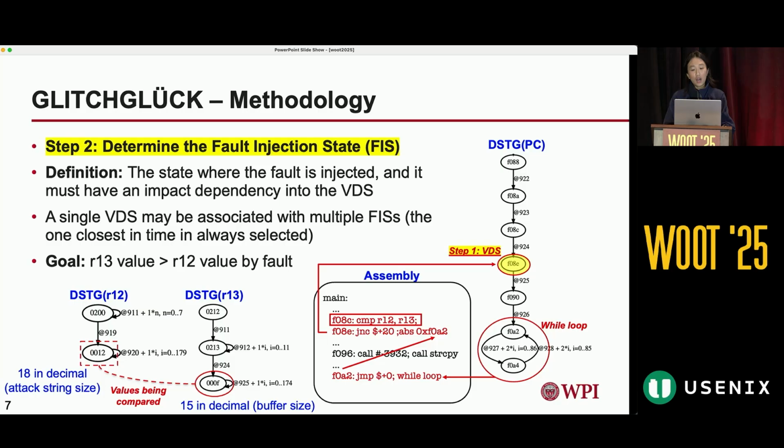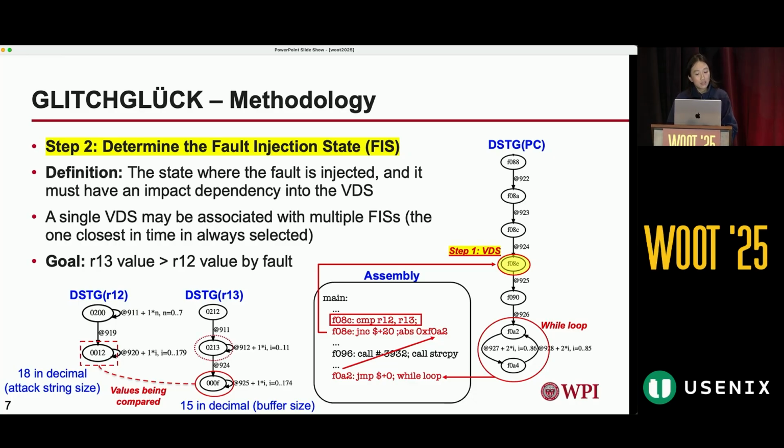So now, remember the goal is to not take the jump and go straight to the string copy instruction. So I wanted to think about whether I can use fault injection to make the value in R13 greater than R12, so that this jump will never be taken and it goes straight to the string copy instruction. We can do that with one single glitch, and I think this is very interesting because it can only be observed by the DSTG.